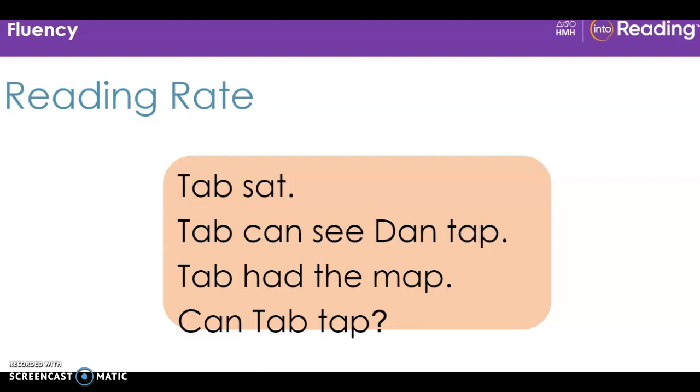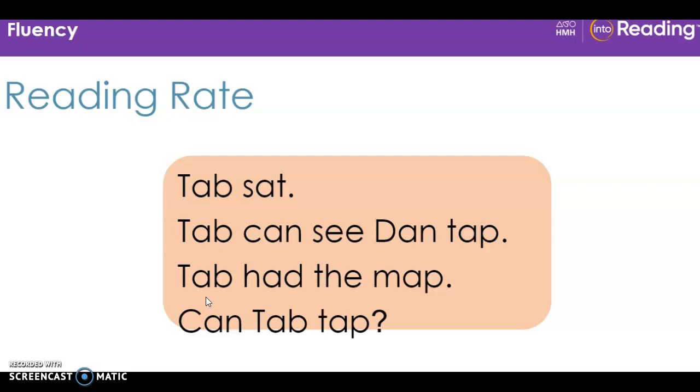Now let's read the last two sentences together. We will start at the same time and try to read at the same rate so that we sound like one voice. Remember to pause when you come to a period. We're going to start on the word Tab, and we're going to read to the end of the last sentence. Ready?